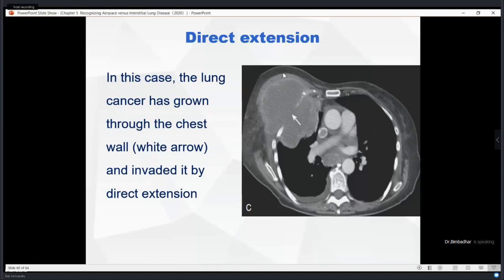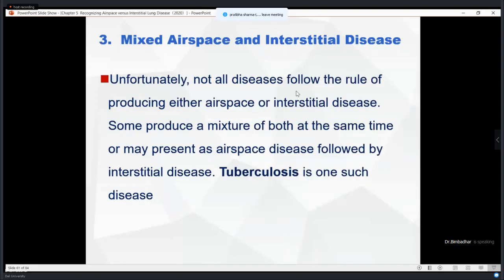You see the lesion has spread from the lung to the outside into the soft tissue along this layer itself. So this generally indicates a direct invasion of this lung cancer into the surrounding soft tissues. Okay, right?